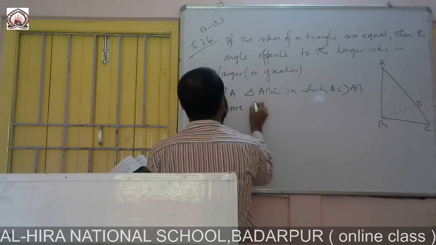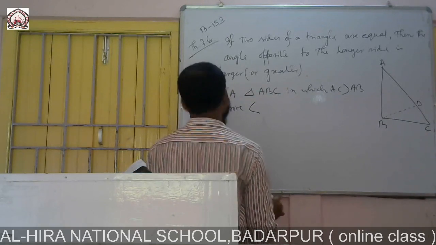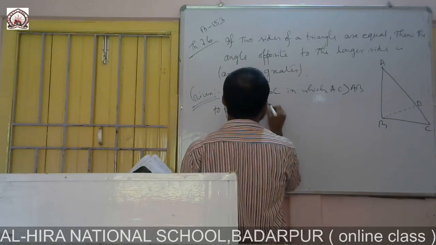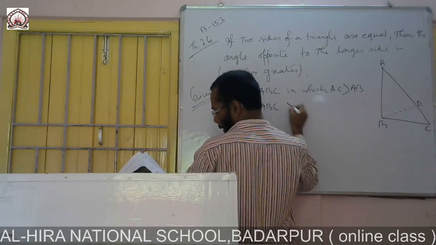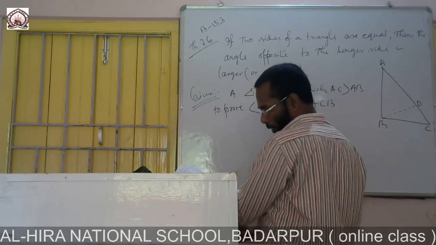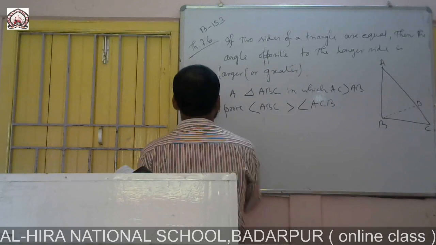And to prove, opposite to AC angle is ABC. Angle ABC is greater than angle ACB. Now construction.